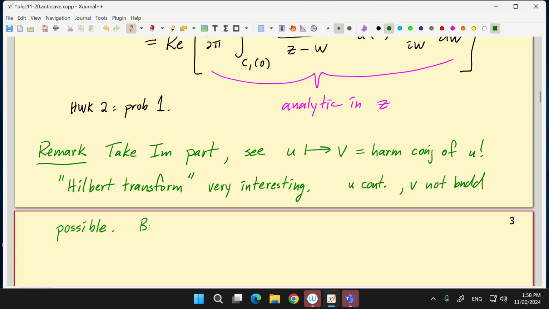But it turns out that if u is in L2 of the unit circle, square integrable, that implies v is in L2. And there's a bound. It's a bounded L2 operator. That's really interesting, and people have spent years and years studying those operators. Okay. Well, sorry for the slow start today.